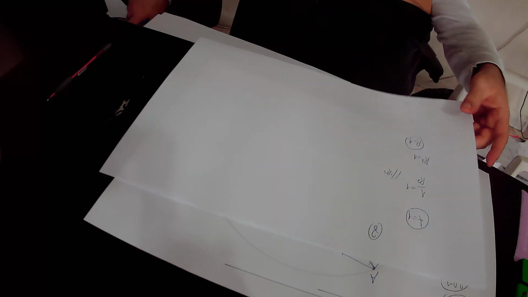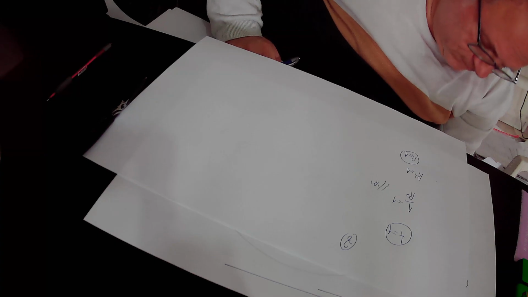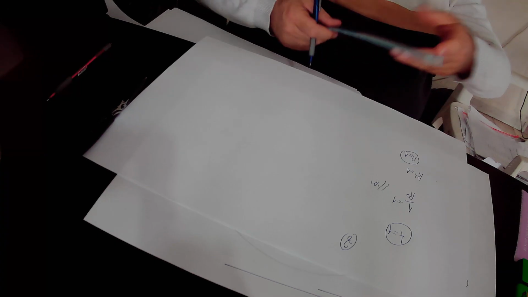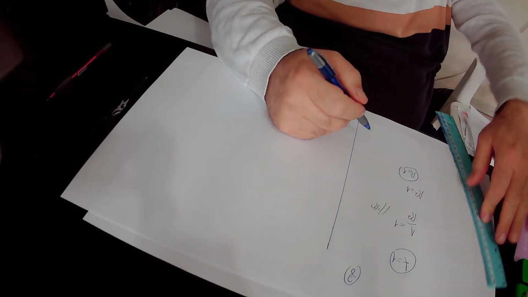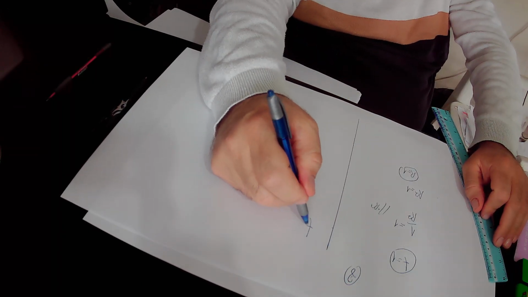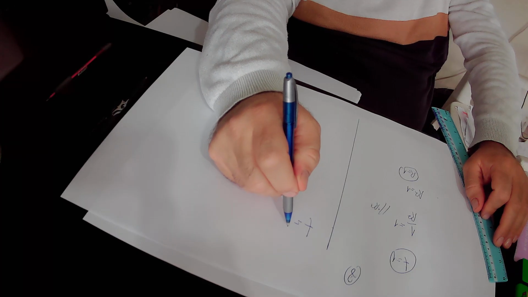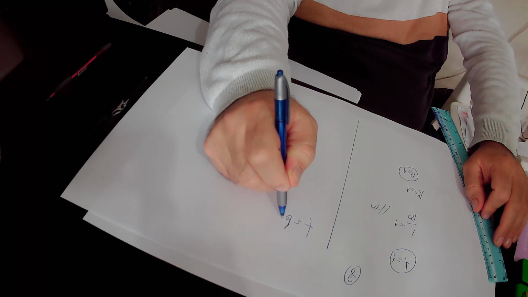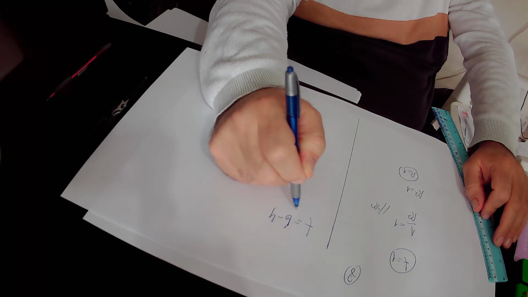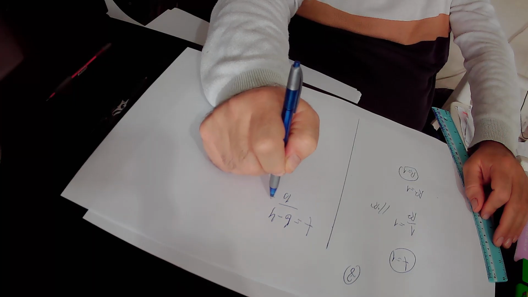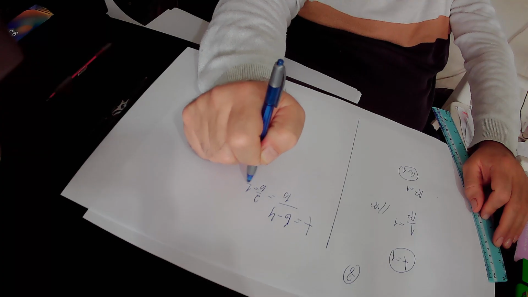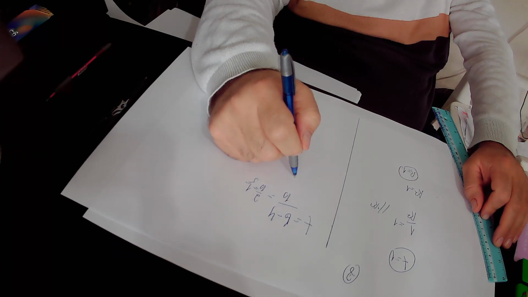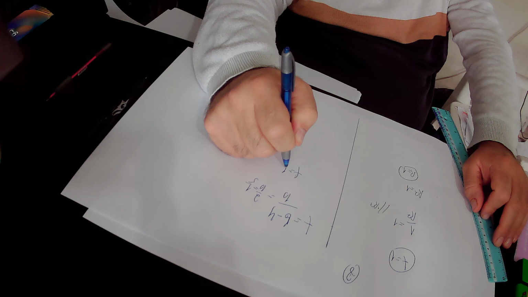Here is also the second solution. According to the second solution, t equals 6 minus 4 over 10. 6 minus 4 is 2, and 2 over 10 is 1/5. So according to the second solution, t equals 1/5.